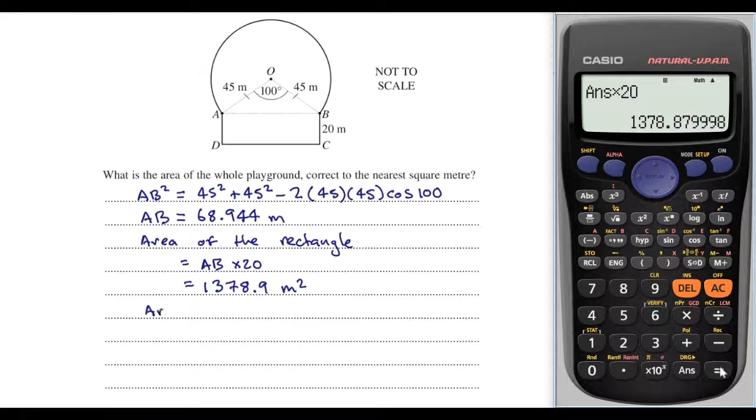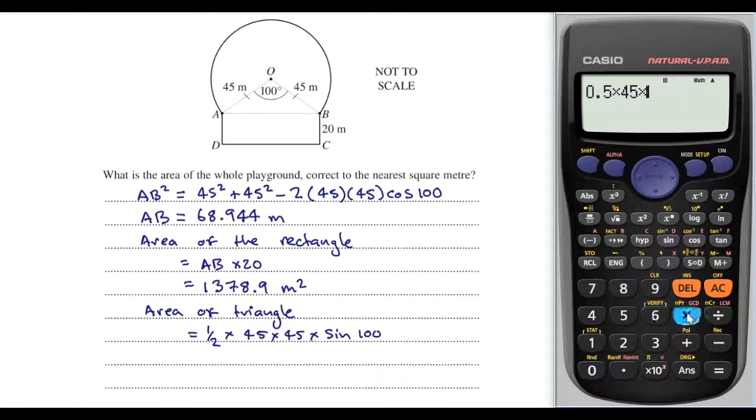The area of the triangle can be found next. This area is 997.1 square meters.